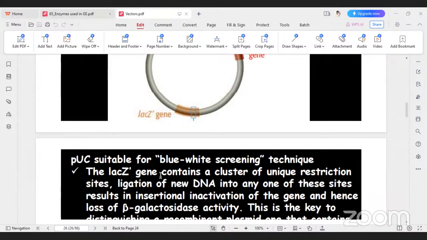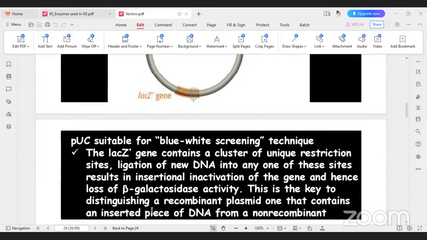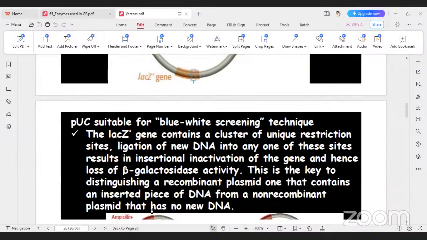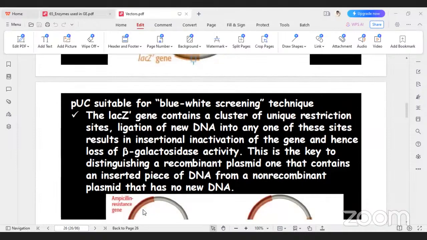The lacZ gene contains a cluster of unique restriction sites. Ligation of new DNA into any one of these sites results in insertional inactivation of the gene and hence the loss of beta-galactosidase activity. This is the key to distinguishing a recombinant plasmid, one that contains an inserted piece of DNA, from a non-recombinant plasmid that has no new DNA.